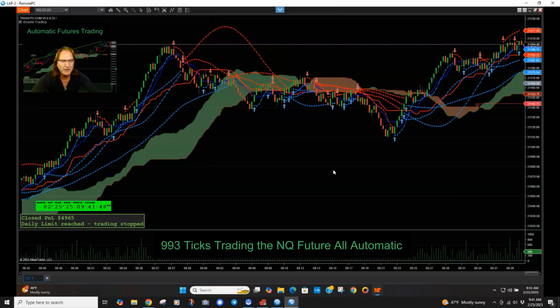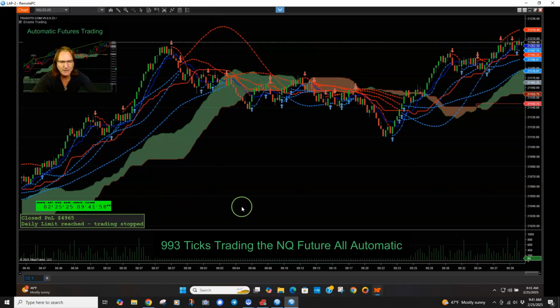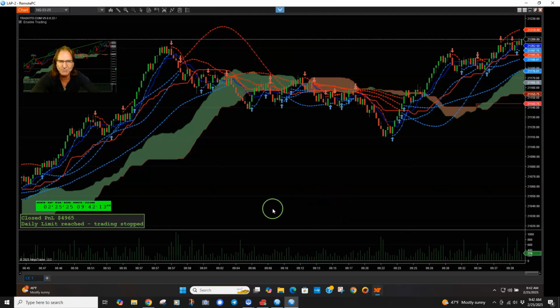That's a pretty huge amount of money. You just multiply what you saw right here times 5 or 10 in that case, and you'd come up with the total that you would have ended up today. This was 45 minutes of trading this morning, all automatic. The algorithm took all the entries and all the exits and managed the P&L all automatically. Automatic trading, my friends. The results speak for themselves.